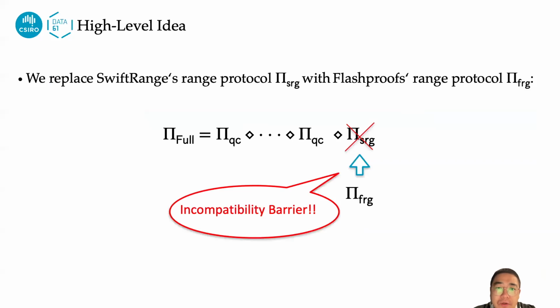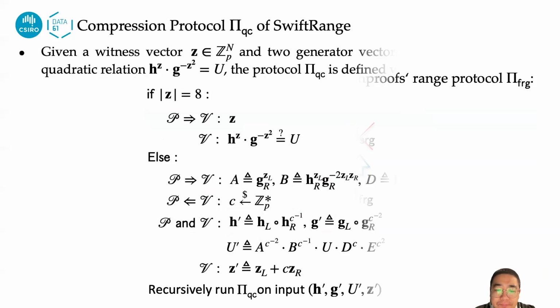However, it is not trivial to combine them together because there is an inherent incompatibility barrier between the two proof techniques. In the following, we'll give an overview of the techniques of Flash proofs and Swift range.